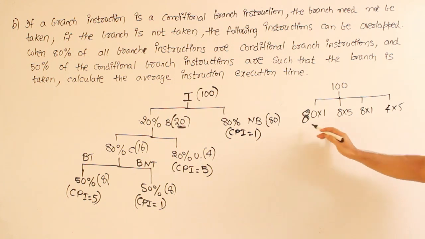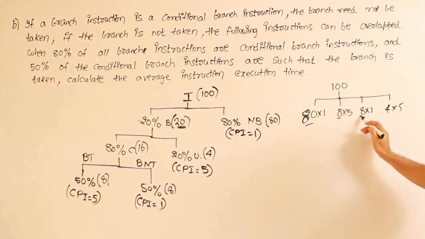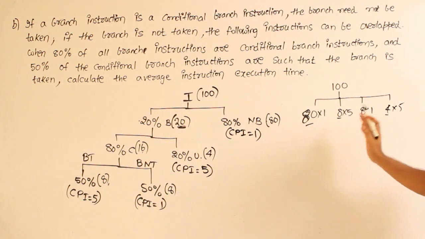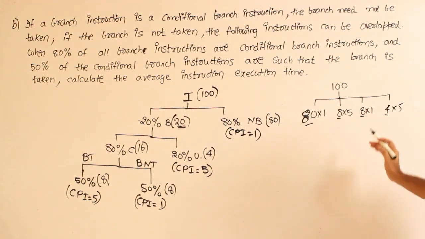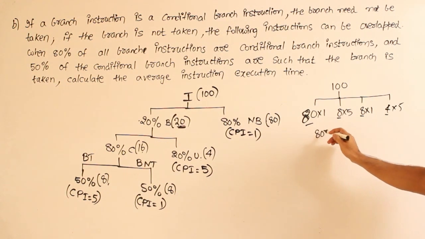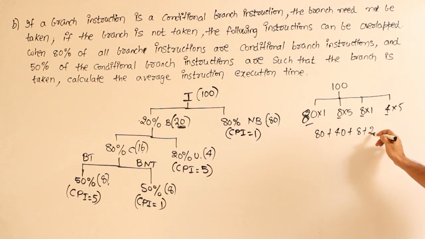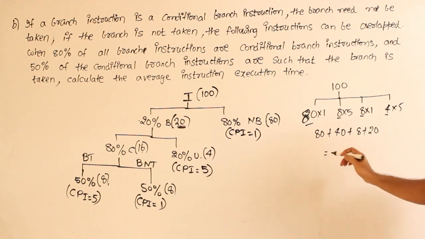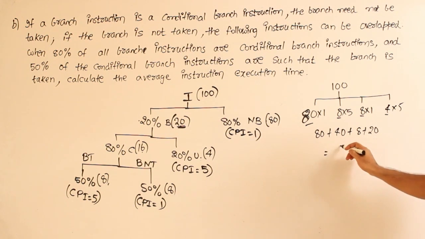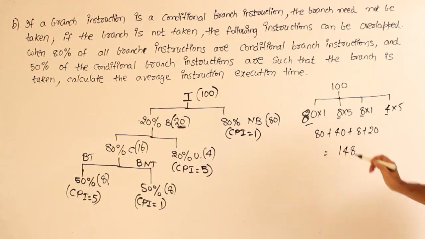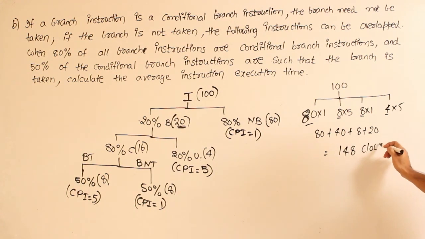Just check this: 80 plus 8 plus 8 plus 4, totally it is 100. So now we have to add it. It is going to be 80 plus 40 plus 8 plus 20. If you add it, it is going to be 148. So 148 clocks are required for this program execution, right?